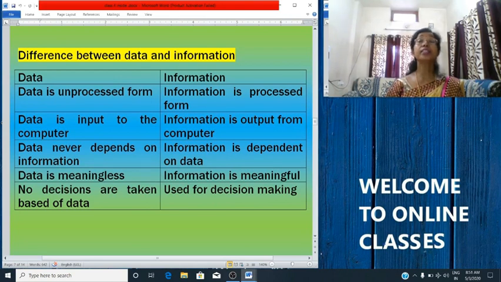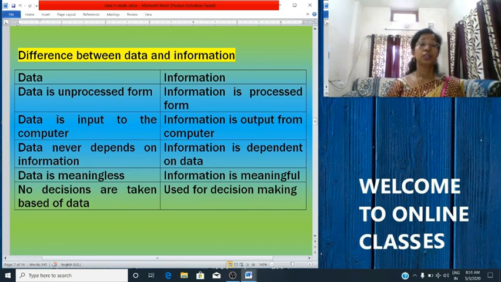Now, data is the input to the computer. Data you collect and feed into the computer. So it is the input, whereas information is the output. Information you get after processing.